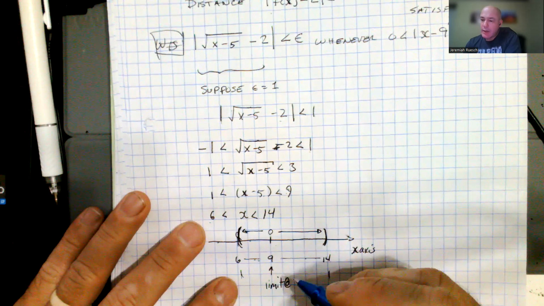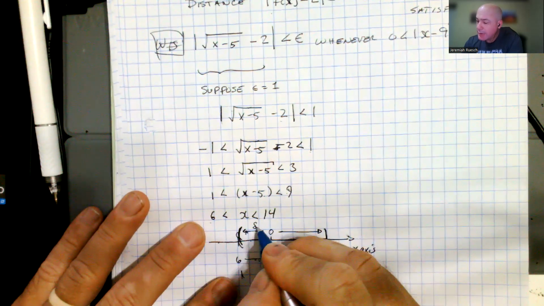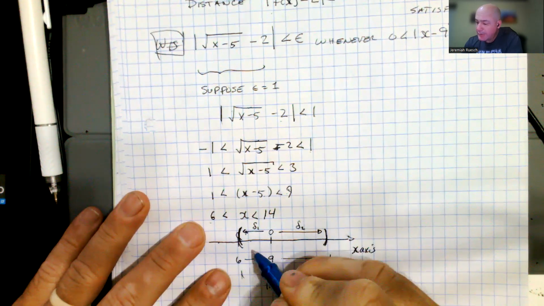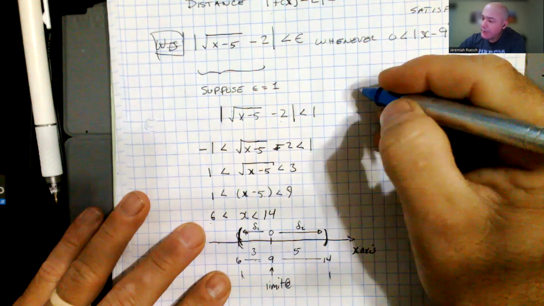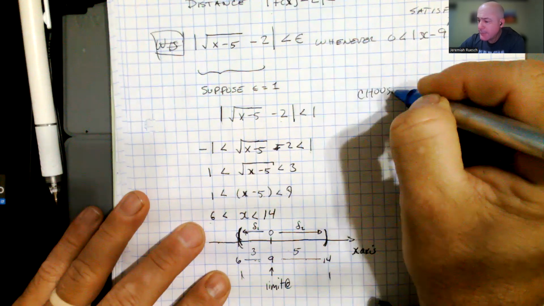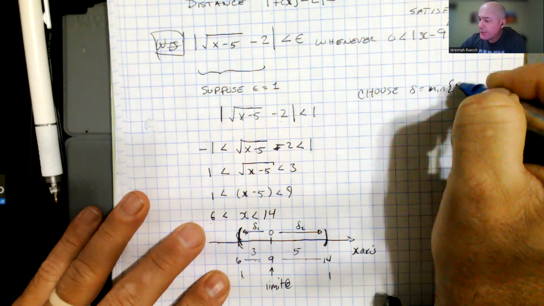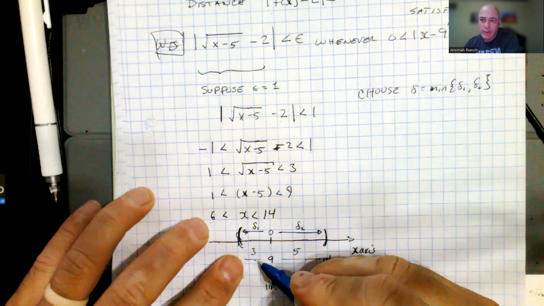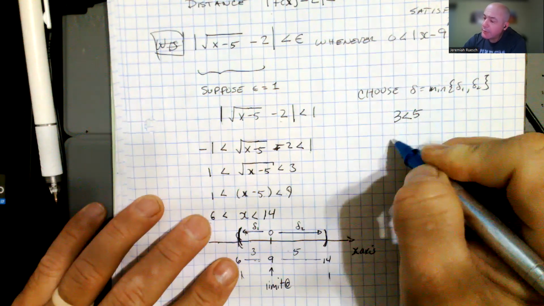Then we want to look at our possible choices for delta 1 and delta 2. This delta is a distance of 3, and this delta is a distance of 5. So if we choose delta equal to the min of the set delta 1 and delta 2, well, clearly 3 is less than 5, so delta 1 is our choice.